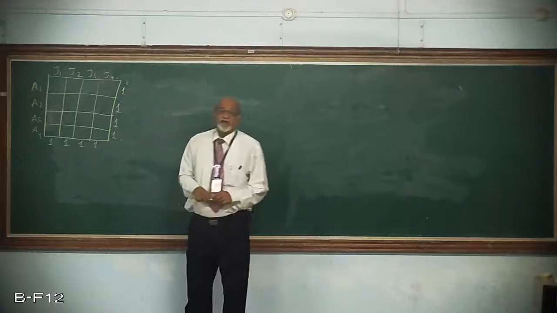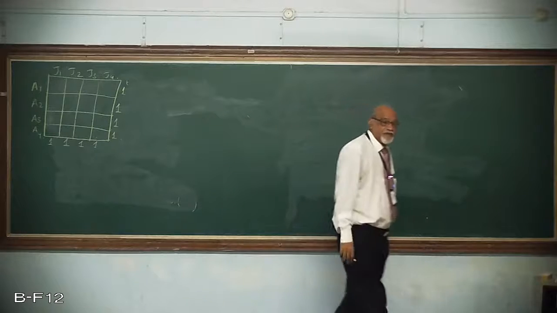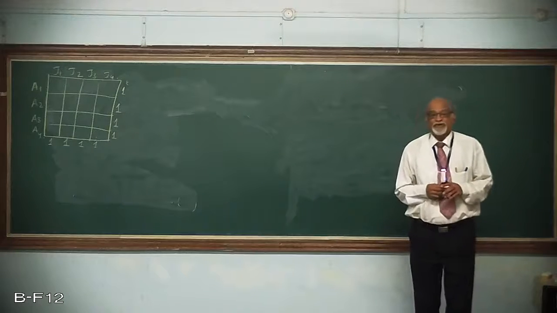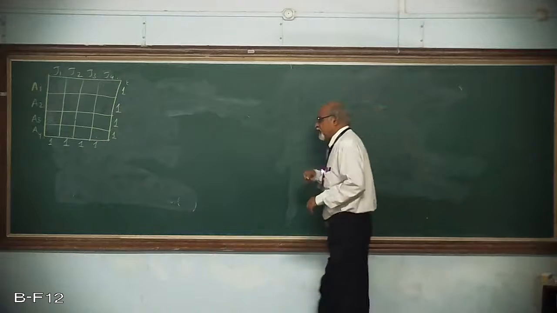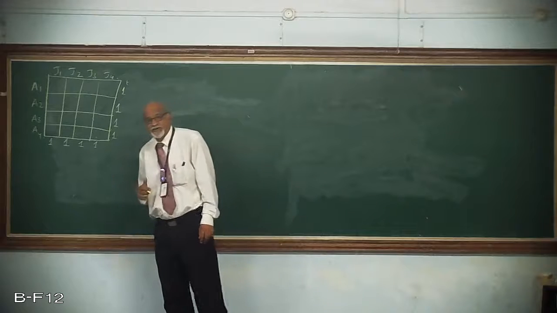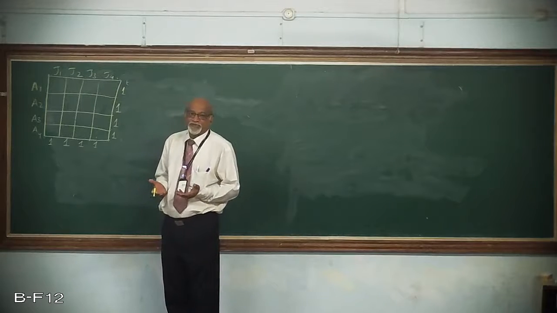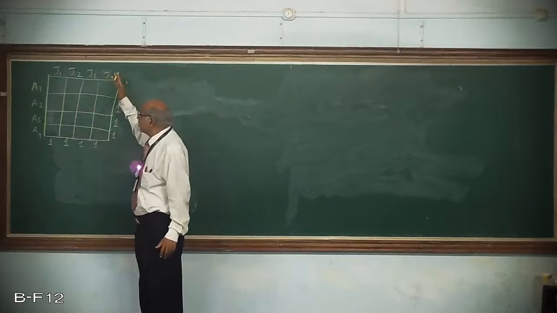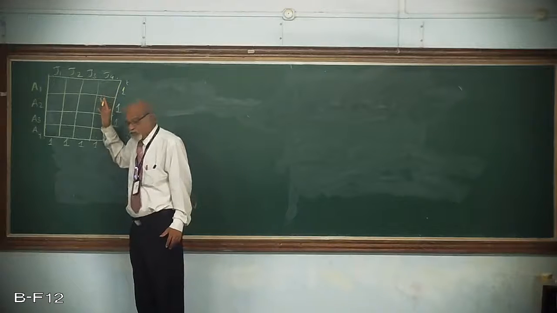Now you might ask me the question: suppose the number of people available is 4, but the number of jobs is 3. What is to be done then? That is a valid question. In that case, the same method we applied in transportation is to be used. The balancing has to be done first in any case. Now here the number of people is 4, the number of jobs is 3, so we have to add one column.